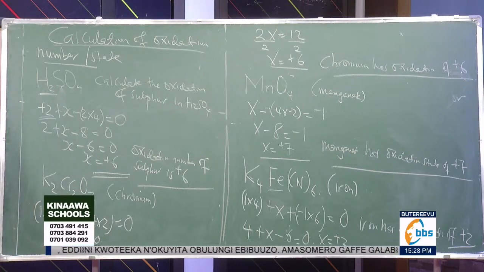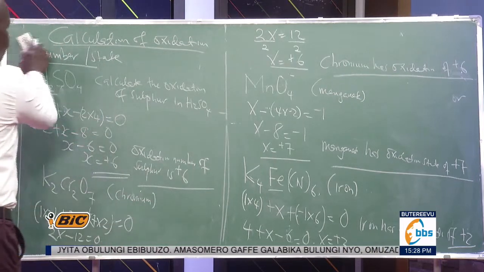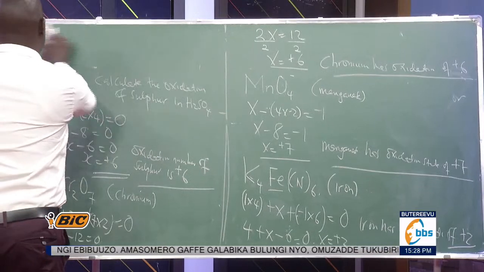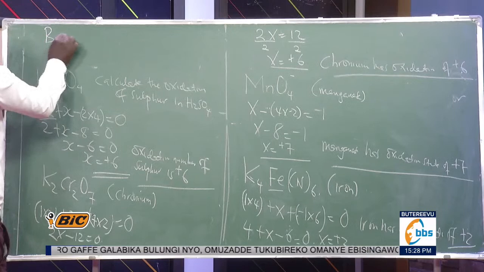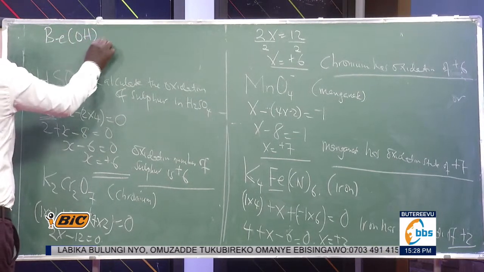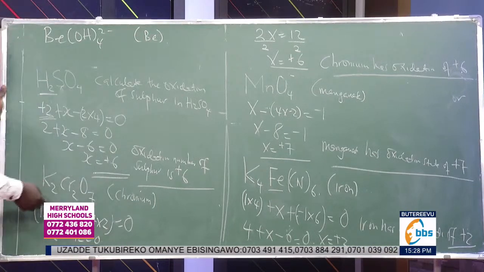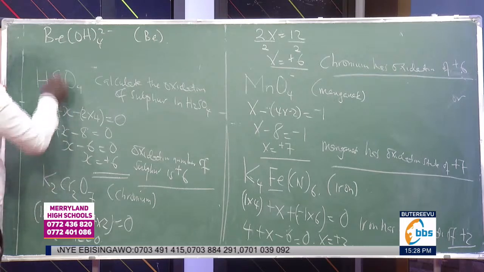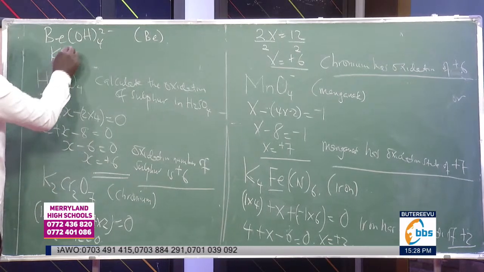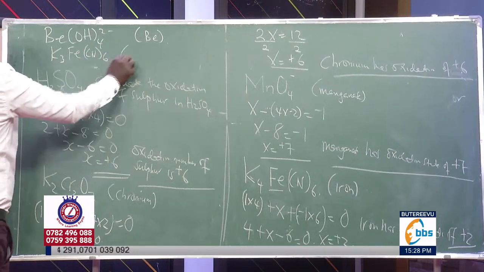Now I want you, during your free time, to get the state of these ions. Let me write them here. You can jot them somewhere. You get for DH4. You get for beryllium. Which other complex? We have, get for iron.